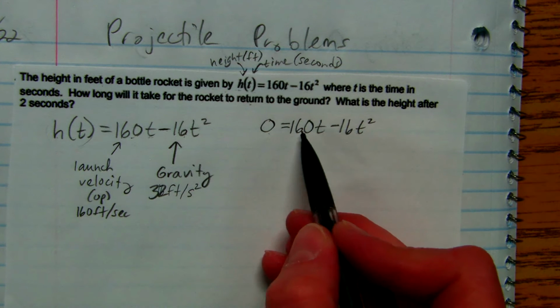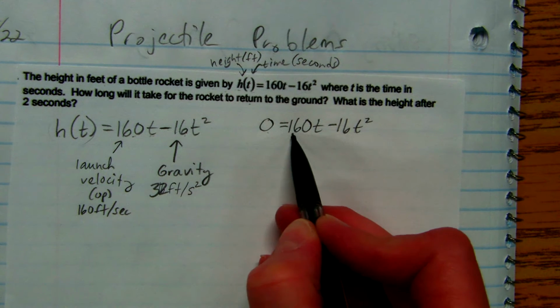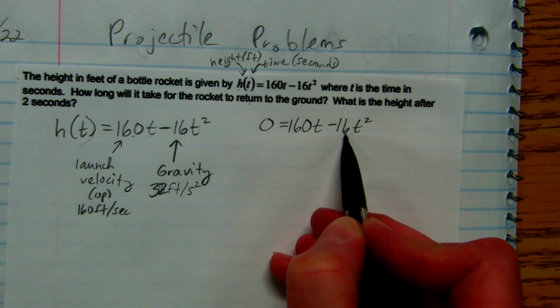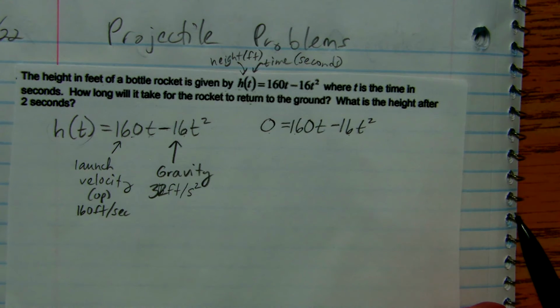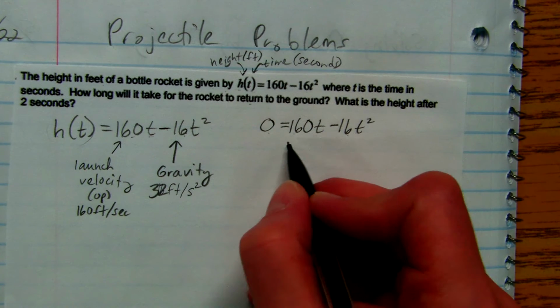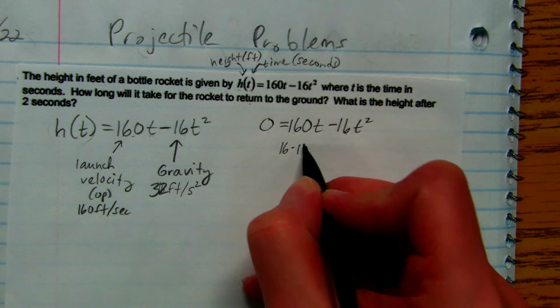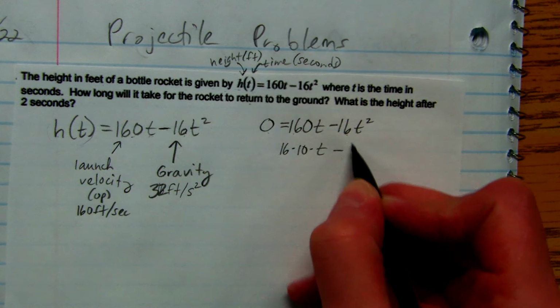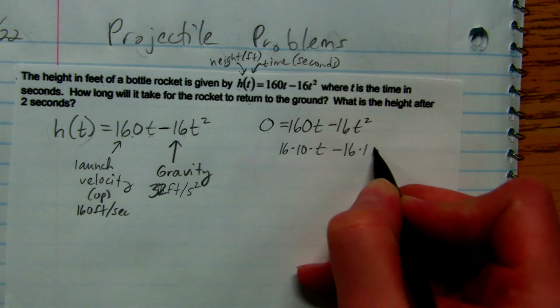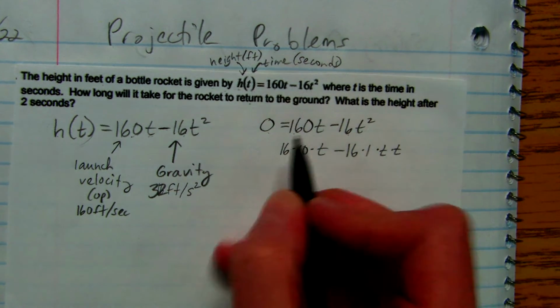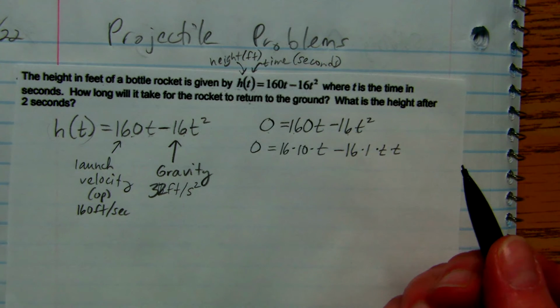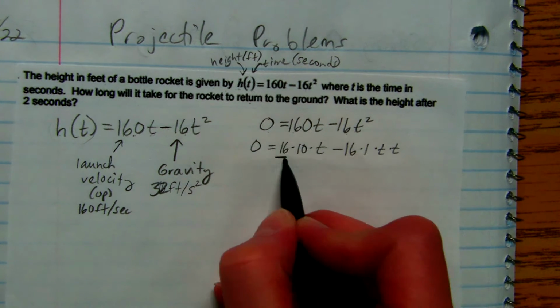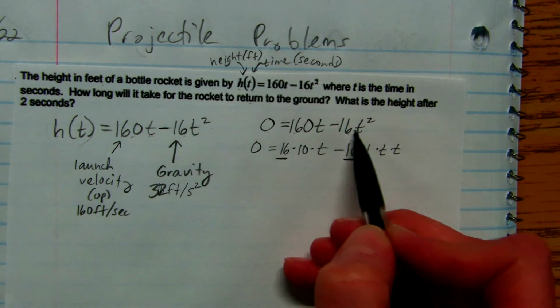It's the kind where I think 160 and 16 have a greatest common factor of 16. 10 doesn't go into 16. So I could make this 16 times 10 times t, and I could make this 16 times 1 times t times t. And so we get to take out a greatest common factor. 16 is the greatest common factor of 160 and 16.